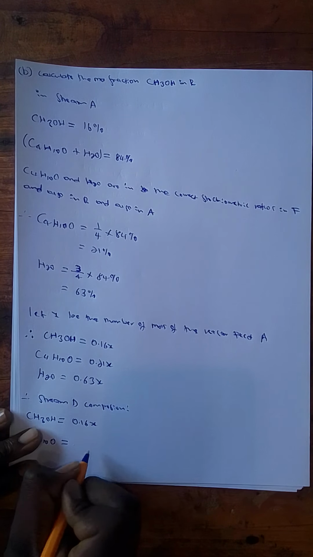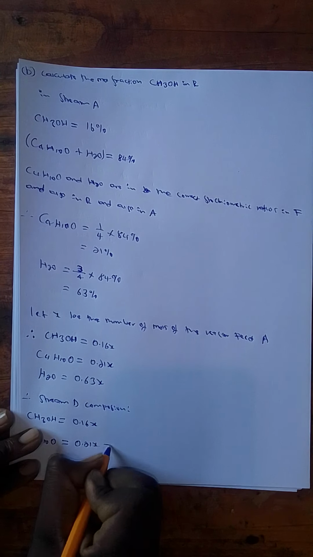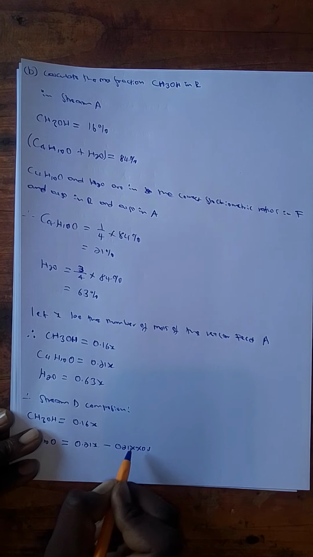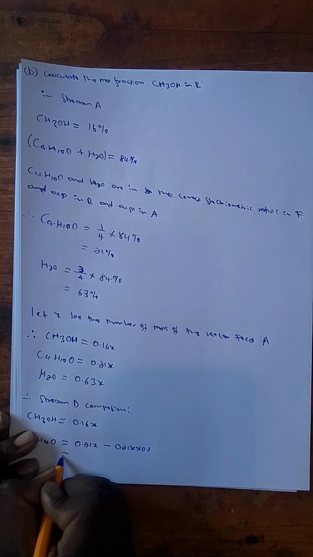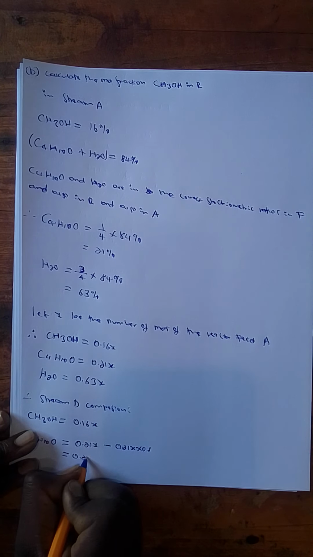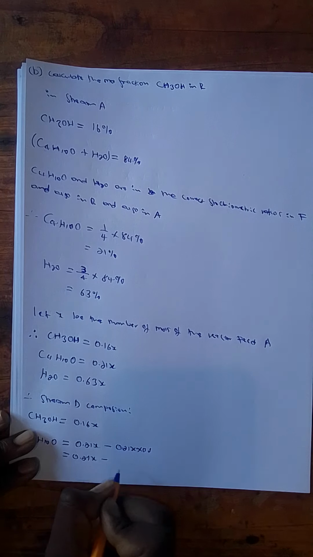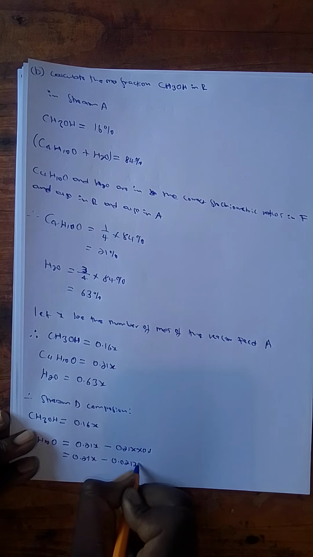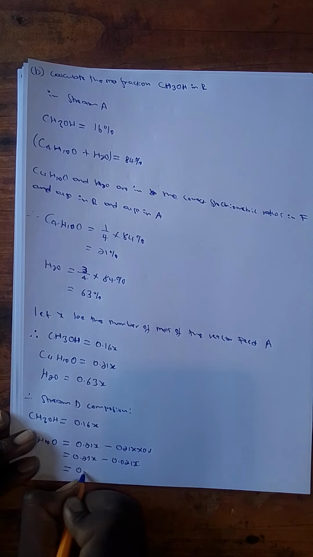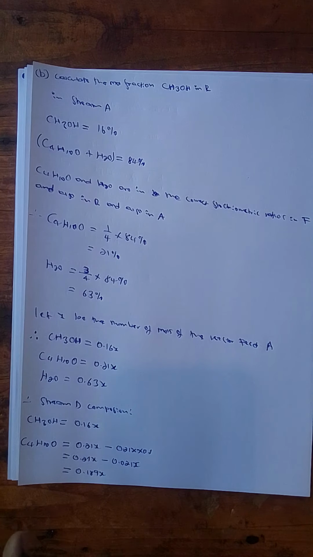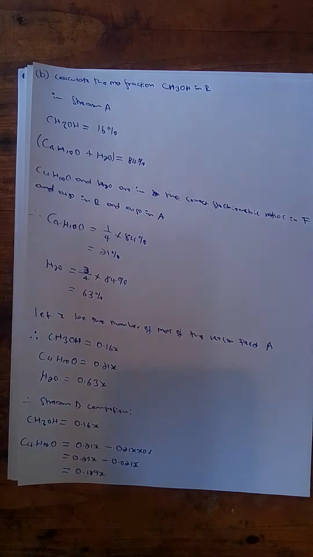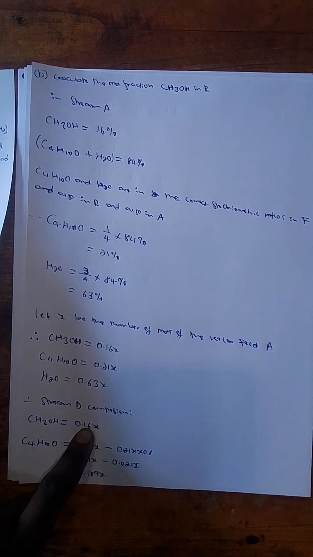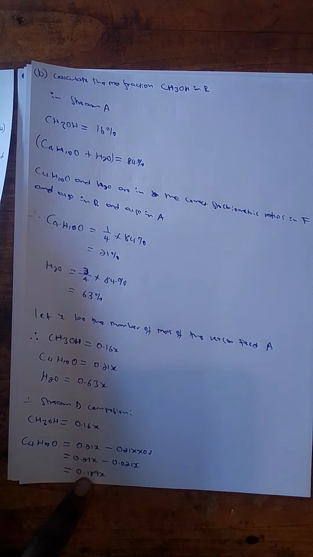So I can just say the total, which is 0.21x minus 0.21x times 0.1, this is the 10% that reacts, right, is equal to 0.21x minus 0.021x, which is equal to 0.189x. Now, this is actually the butanol that is left in B. So already I've established that in B, there's methanol, which is 0.16x, and butanol is 0.189x.